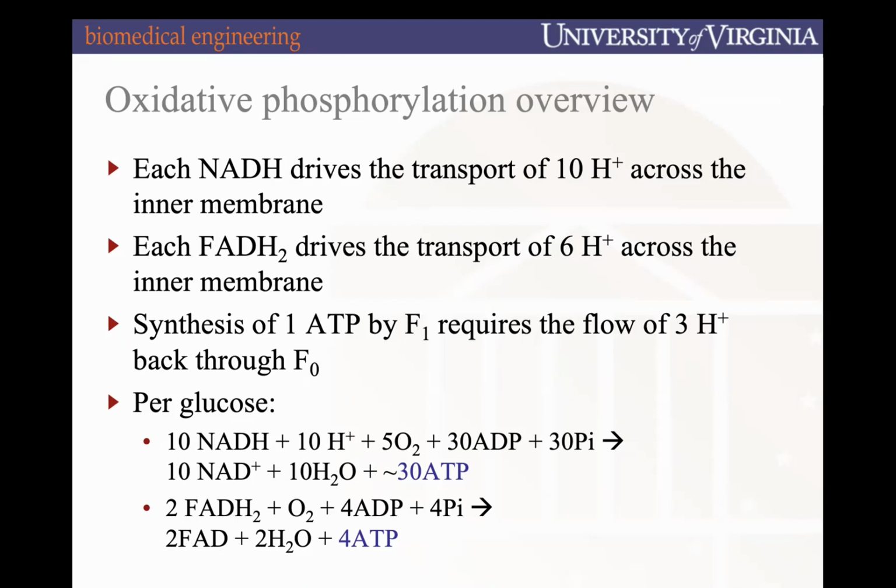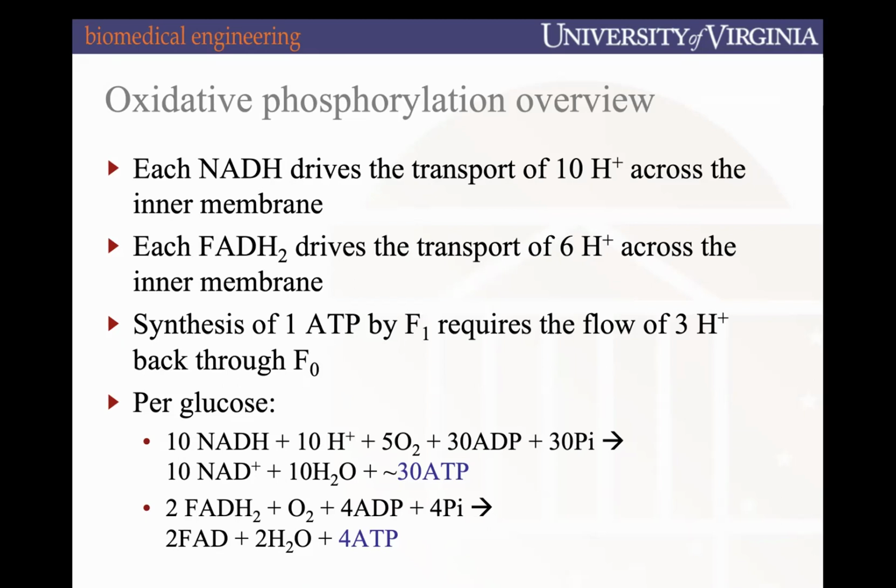Again, because for every NADH we get 10 hydrogen ions, that leads to about 100 hydrogen ions there. We're going to talk about why it's approximately 30 in just a moment. We get 2 FADH2s from every glucose, and that'll lead to about 4 ATP generated as a result of those reducing equivalents.